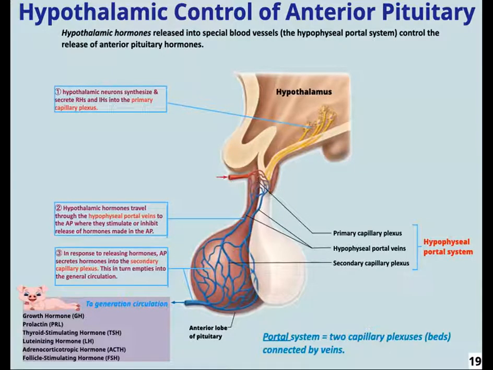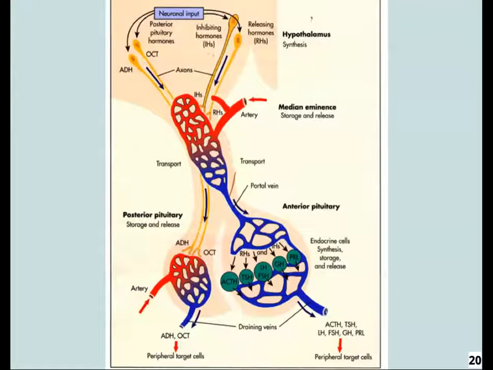This image just illustrates the exact same thing: releasing hormones and inhibiting hormones, RH and IH, into the hypophyseal portal system, which then gets carried to the anterior pituitary, causing the release of these respective hormones.